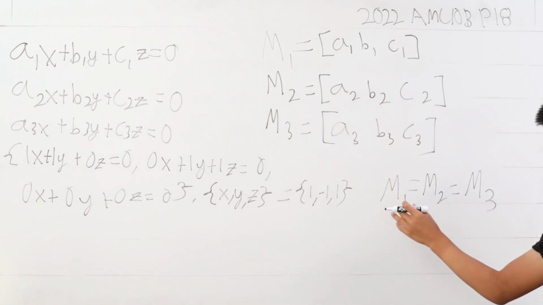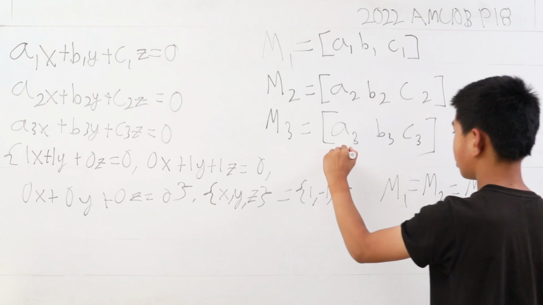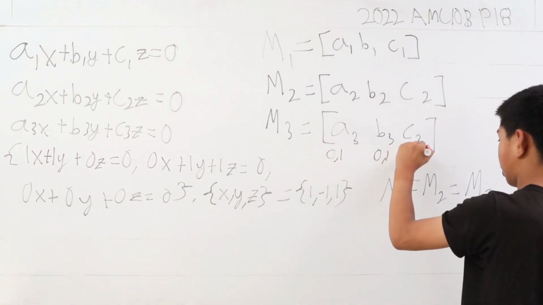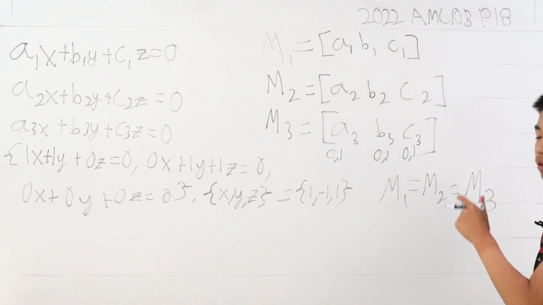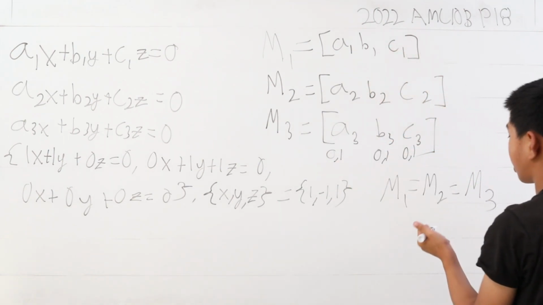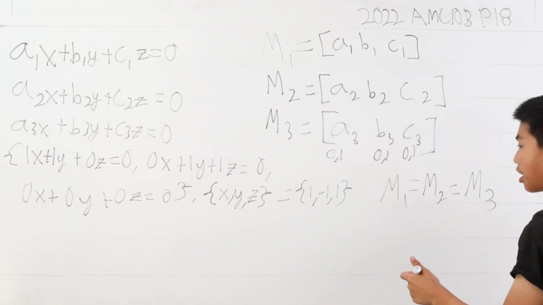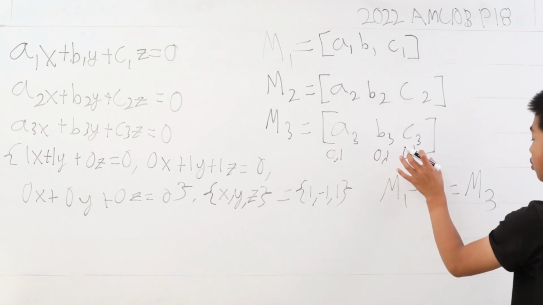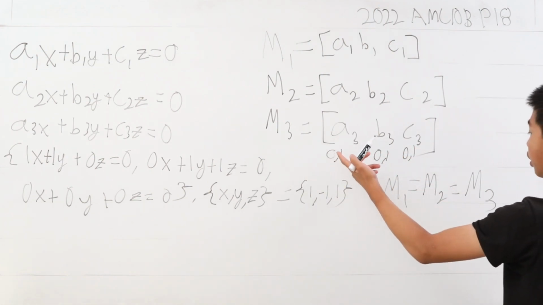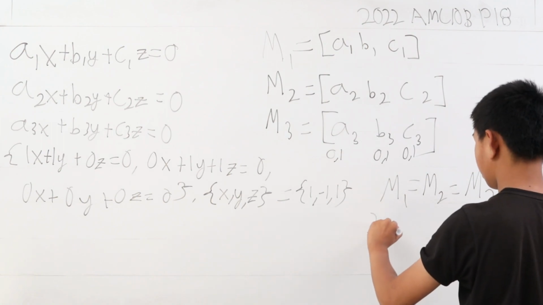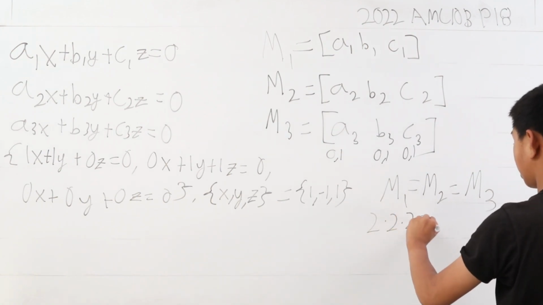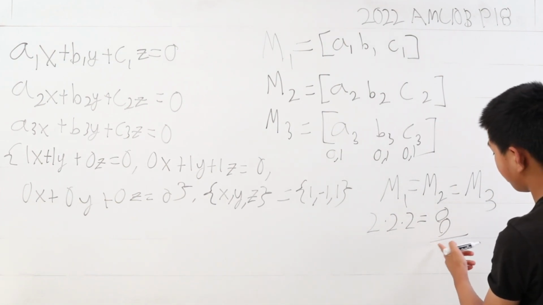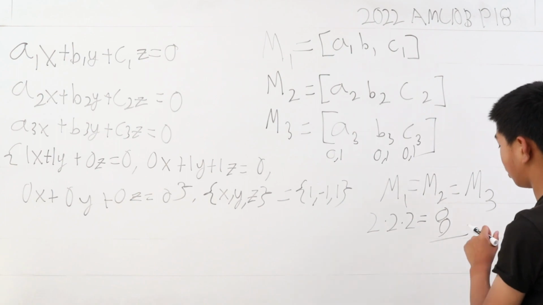Since these are all equal, let's just look at this one. This is either 0 or 1, this is 0 or 1, 0 or 1. This applies to all of them, but we're just taking this one as an example. So 2 times 2 times 2, because there are two numbers here, 0 and 1, gives us 8, which is the solution to the first case.